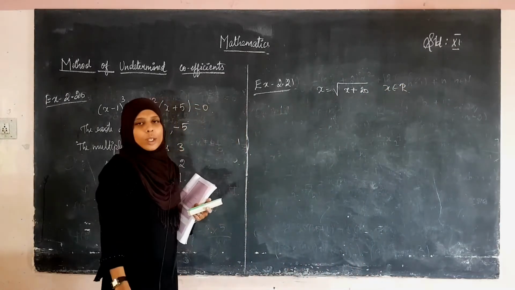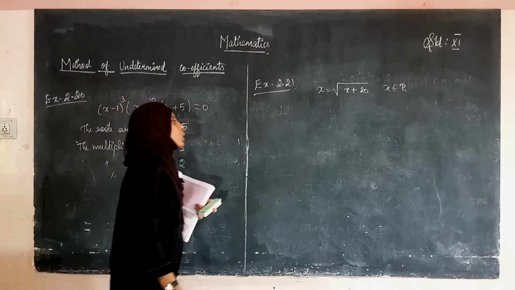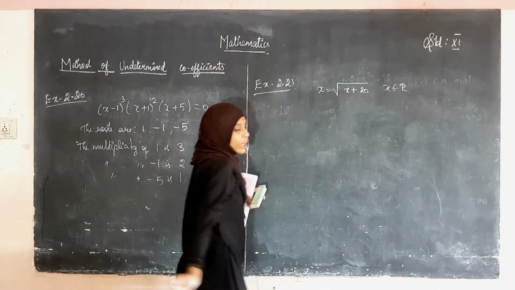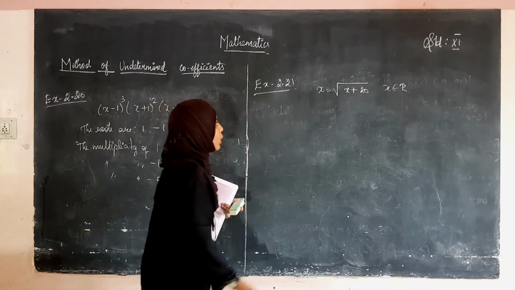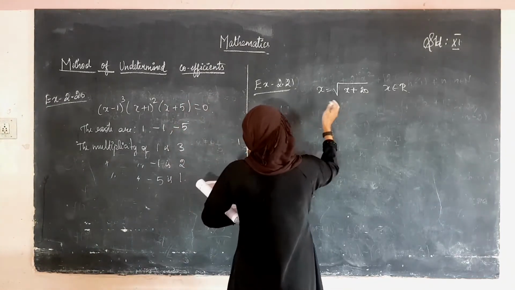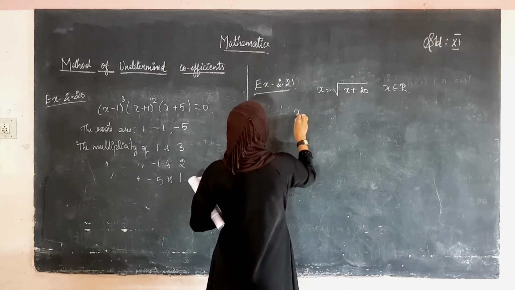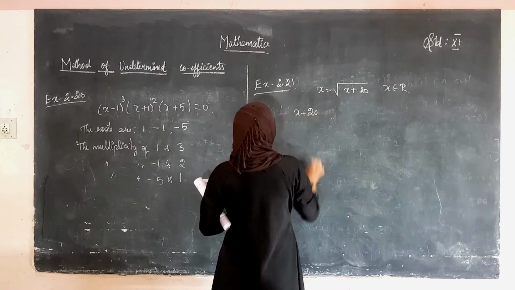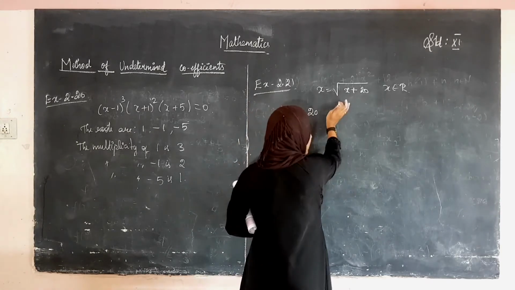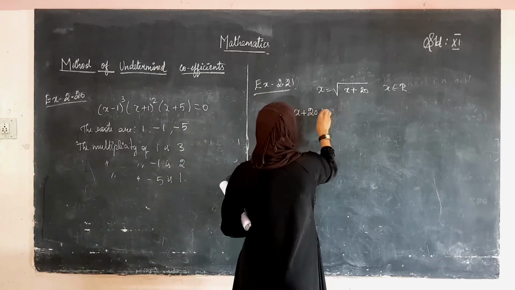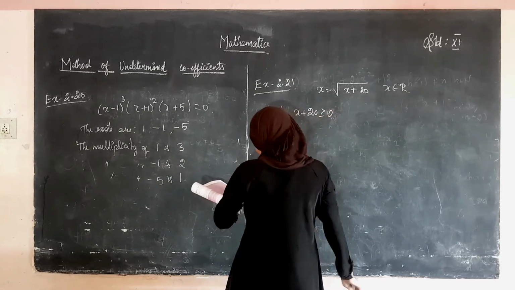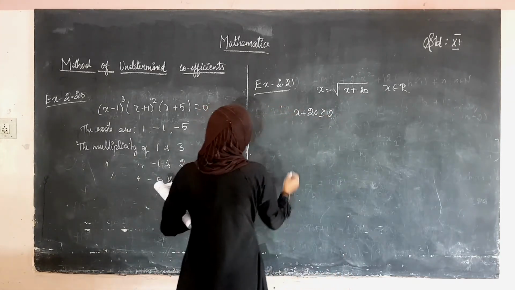Okay, x is equal to root of x plus 20. Since there is a square root, first you have to find whether it is positive or not. See, x plus 20, since it is given in square root, it should be greater than or equal to 0.